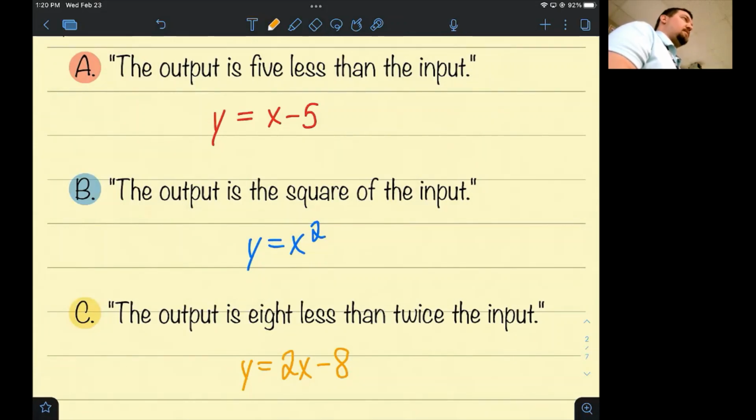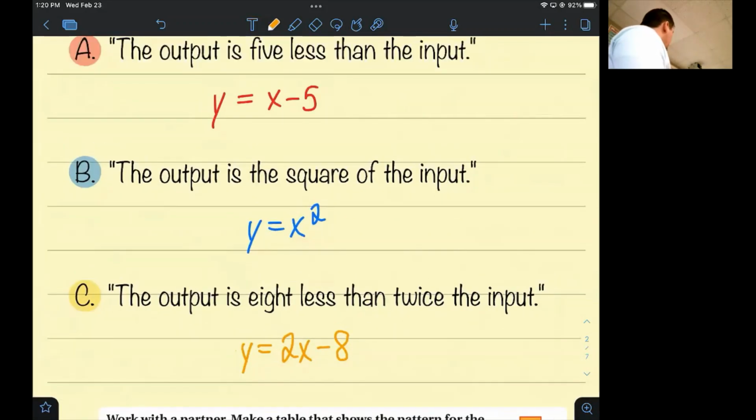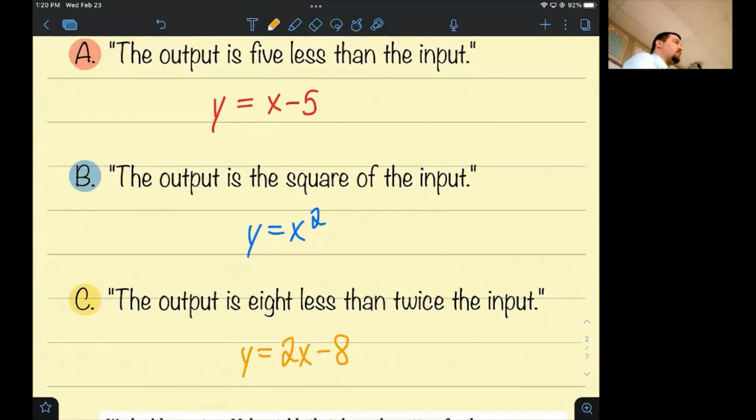We said that if the x has an exponent other than just 1, it's not going to be linear. So that means to the third power, fourth power, fifth power, half power, none of those are going to be linear. However, A and C are both linear. Okay, so let's compare A and C. Between function A and function C, which one has the greater slope?